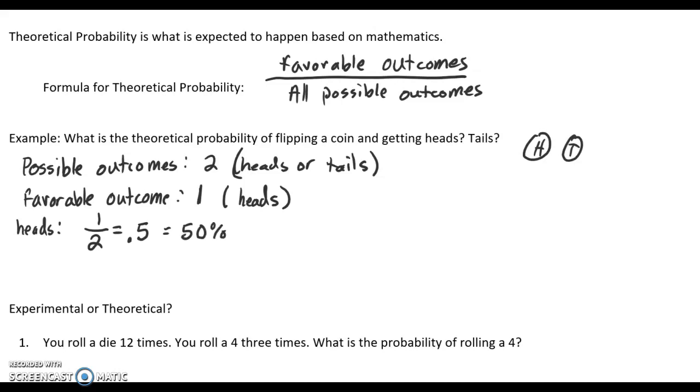A lot of you know that half marker. Same thing with tails. If we look at the favorable outcome for tails, there's 1 out of 2. So we're going to do 1 out of 2, and that again is 0.5 and is 50%.